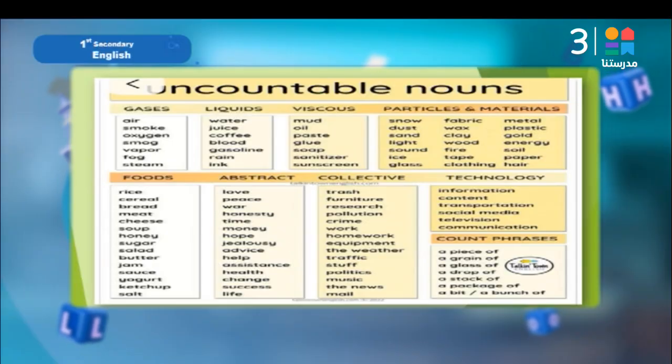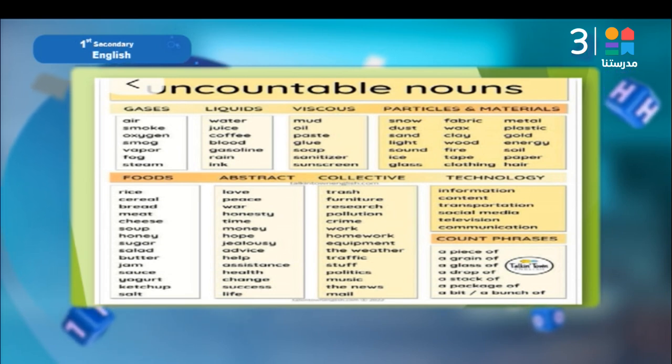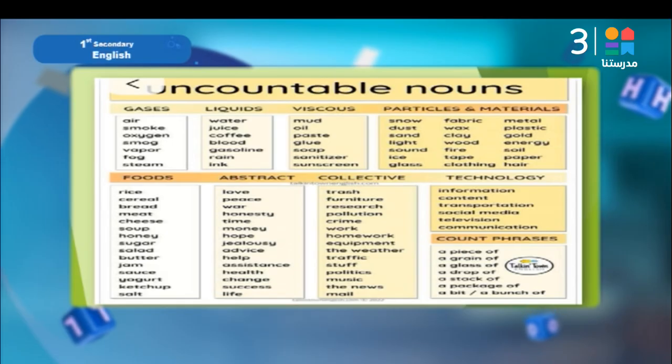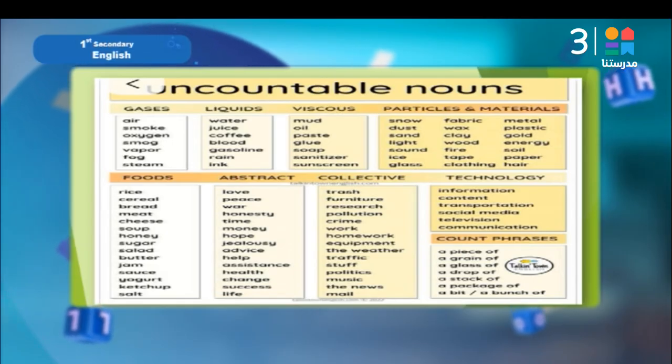Let's see. The uncountable nouns could be gases, for example air, smoke, oxygen. They could be liquids, for example water, juice, coffee, blood, gasoline, or ink. They could be viscous, like mud, oil, paste, glue, soap, sanitizers, and sunscreen. They could be particles or materials like snow, fabric, metal, gold, energy, soil.